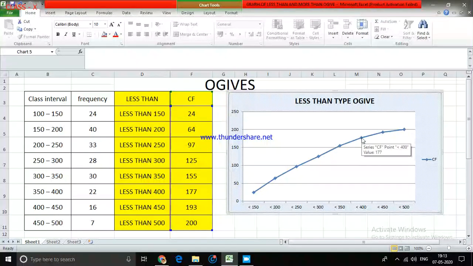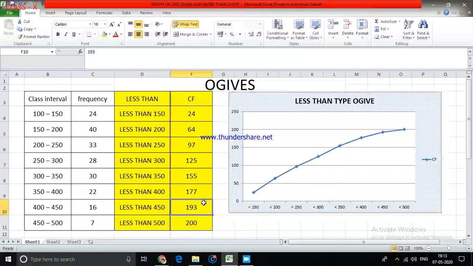You can see on the cursor description, less than 400, value is 177. Then at 450 it is 193. Then lastly, less than 500 is 200, so at 500 I take the y value as 200.